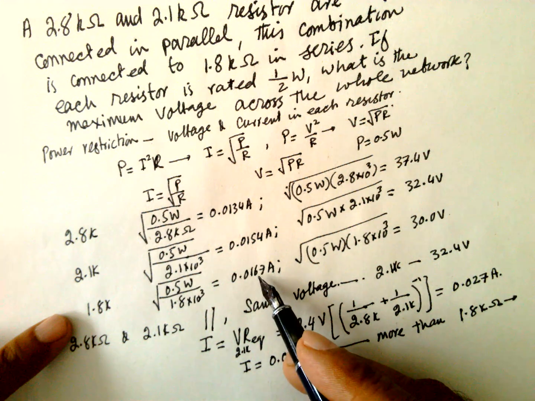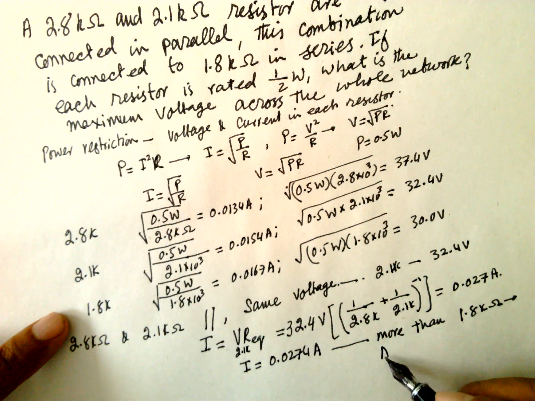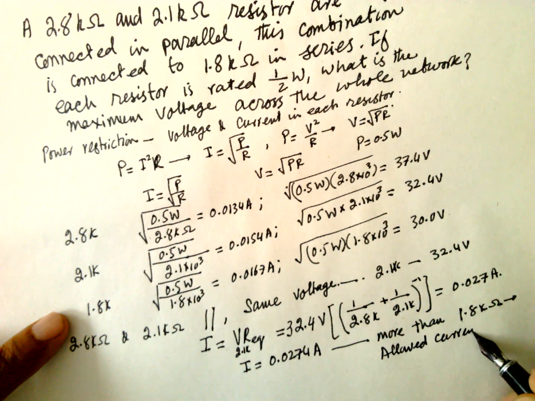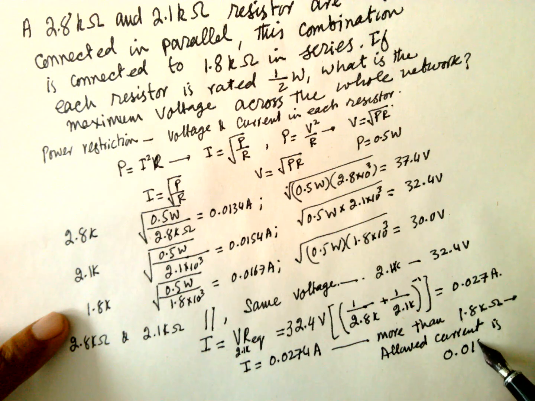So it is more than the rating of the next one. So the next allowed current is 0.0167 amp.